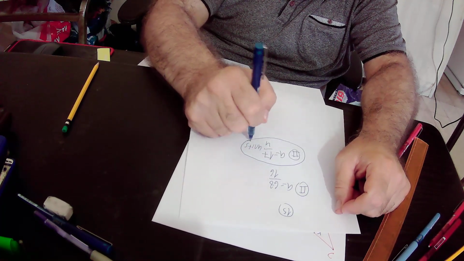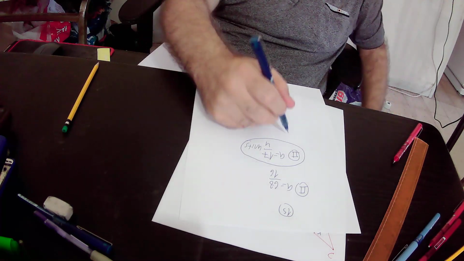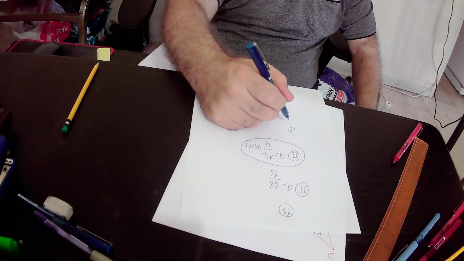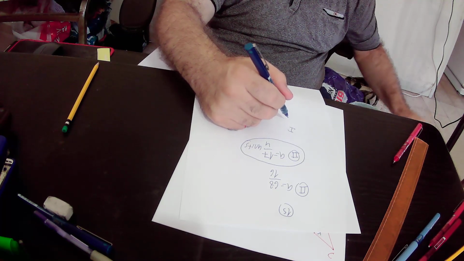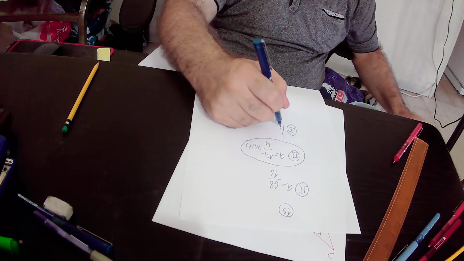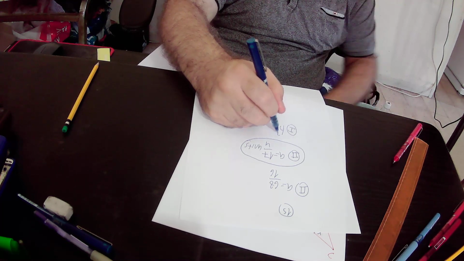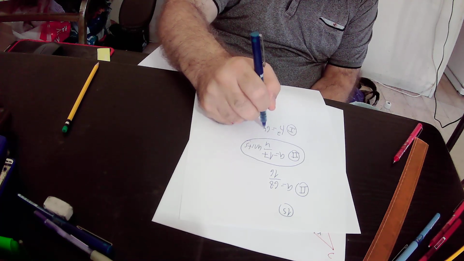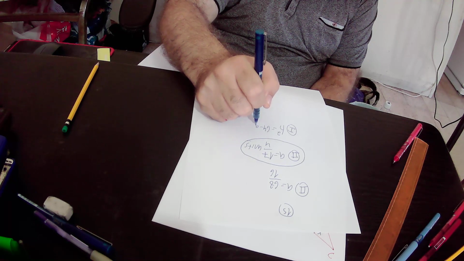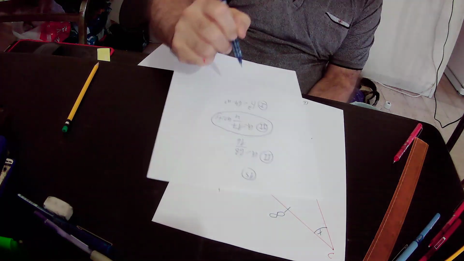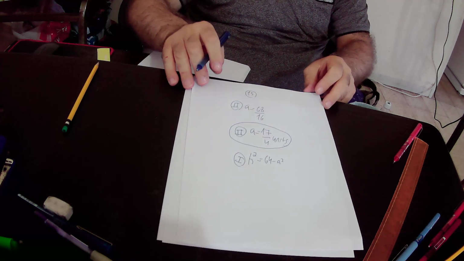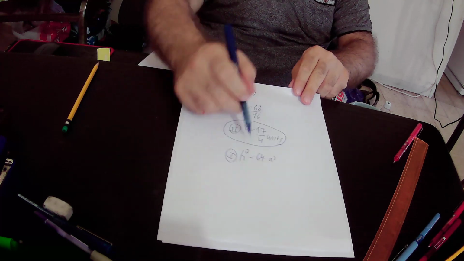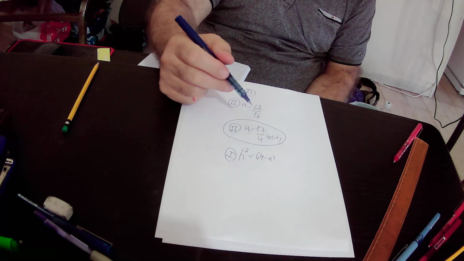Okay, but we know from equation number 1 that H squared equals 64 minus A squared.